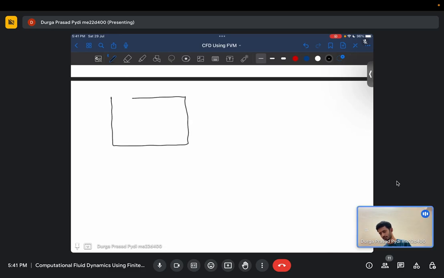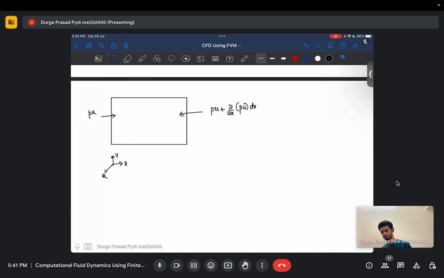I think the derivation is already done in the lecture video, where you consider the fluid coming in. You have a certain force times velocity, so suppose you have P times the area of the differential element. If I take axes x, y, z, consider just the 2D case. You will have P times u acting on this side, and on the other side you will have P times u plus its change, if the origin is somewhere around here.